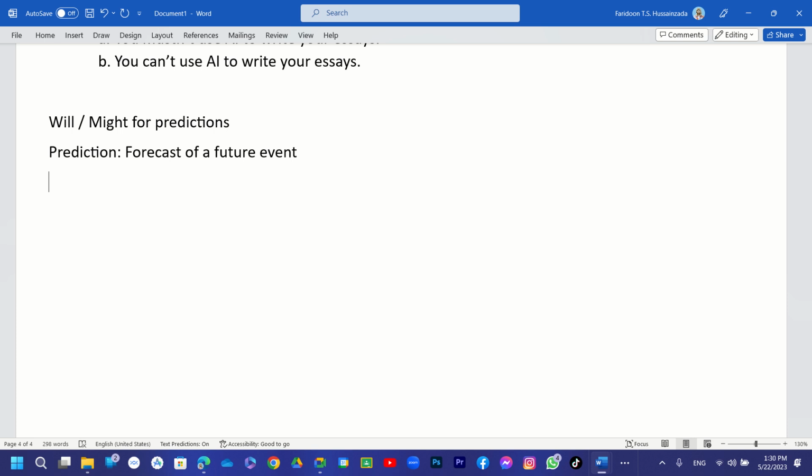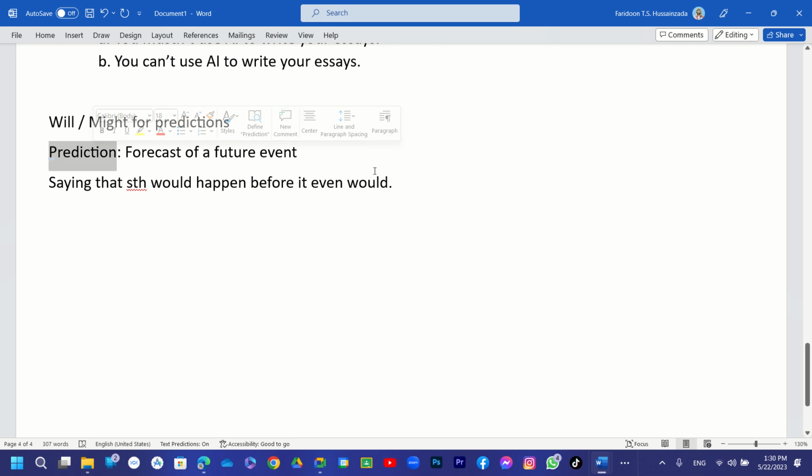If you don't know, forecast is like saying that something would happen before it even has. Kind of like, tomorrow it would rain, right? So who knows? No one knows it for 100%, but they are called predictions about the future.